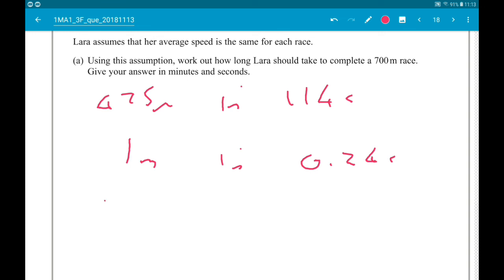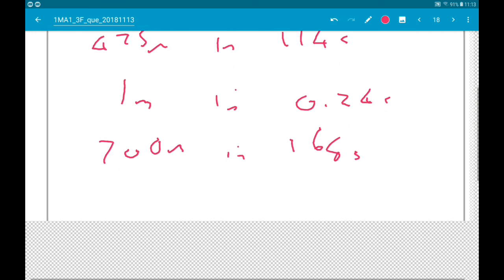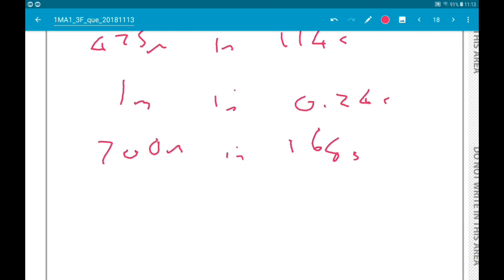She will go 700 meters in 168 seconds. Now the question wants the answer in minutes and seconds. So 2 minutes is 120 seconds. So this is 2 minutes 48 seconds.